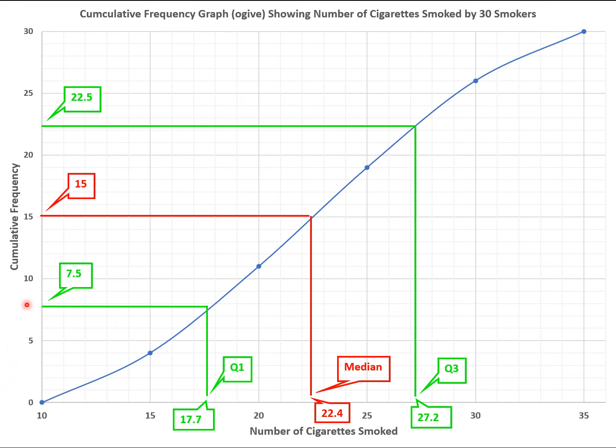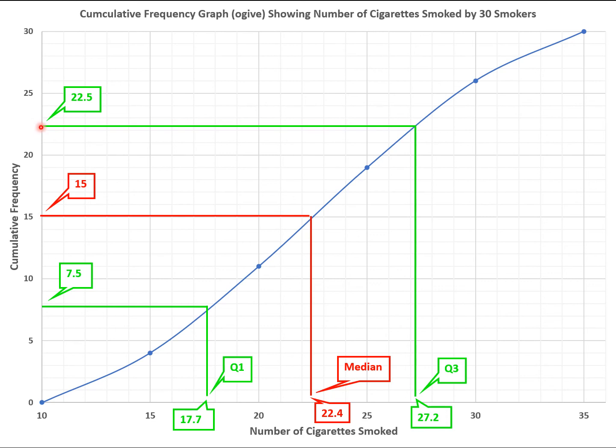Next thing we're asked to do is find quartile 3. Quartile 3 is 3/4 of 30, which is 7.5 multiplied by 3, or 30 multiplied by 0.75, and that location is 22.5.